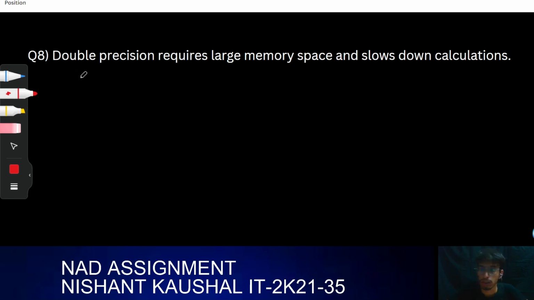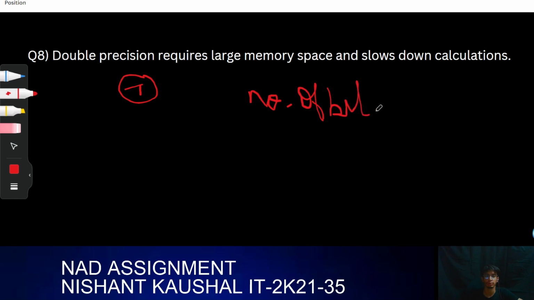Memory space required also increases, right? So this is true, and it slows down our calculation.